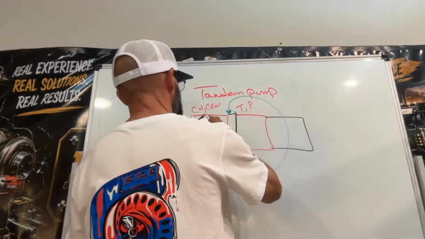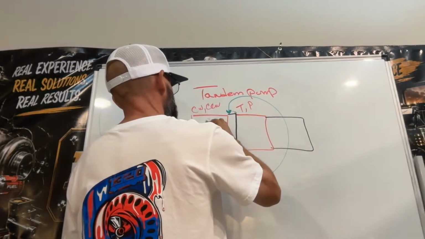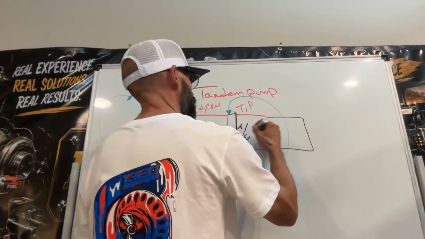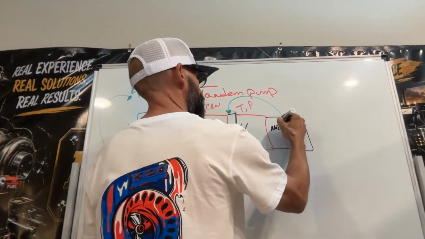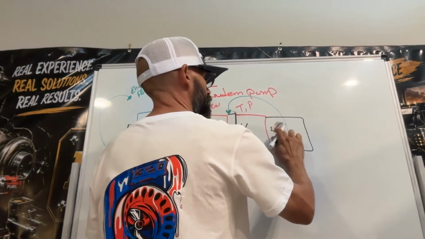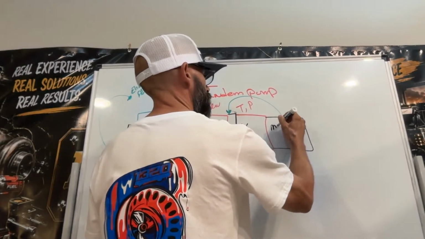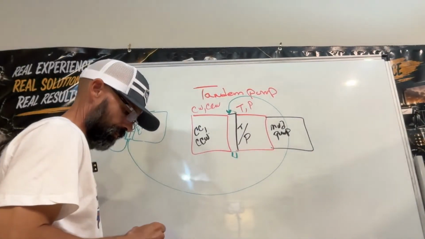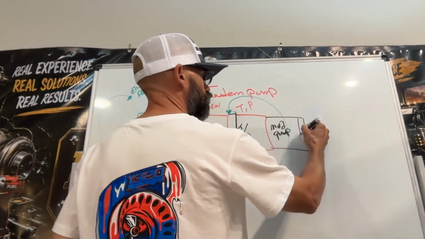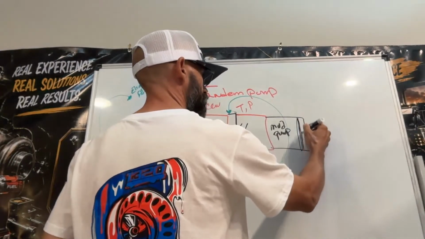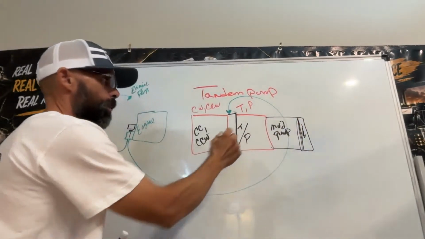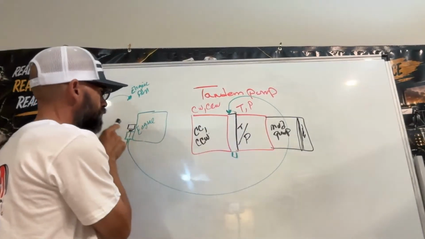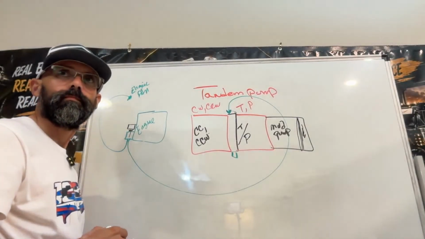We said that this is CCW, thrust, pullback, and this is your mud pump. This mud pump has its own charge pump, but not the tandem pump. The tandem pump relies on this small pump.